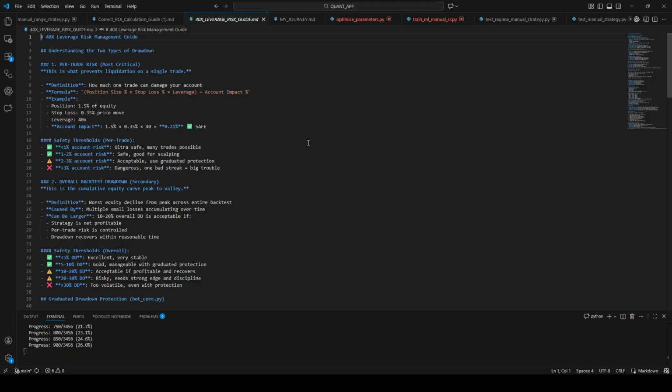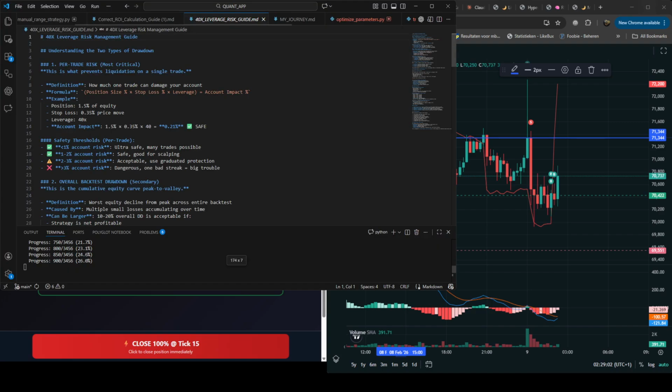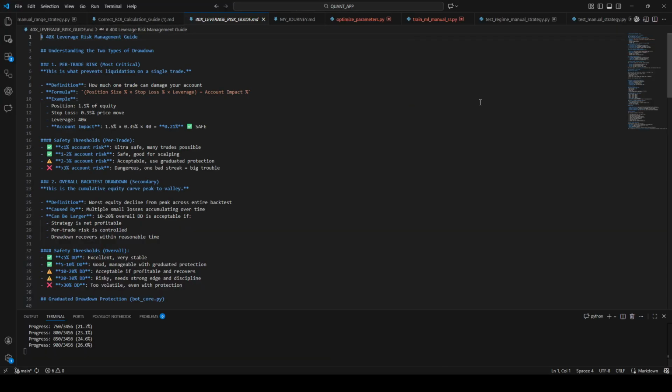Currently it's at 50, which is way too much over what it should be. That's why I did a little research about it, and I wanted to share my thoughts about this. So, understanding two types of drawdown.